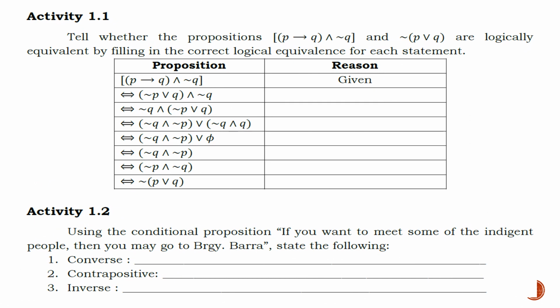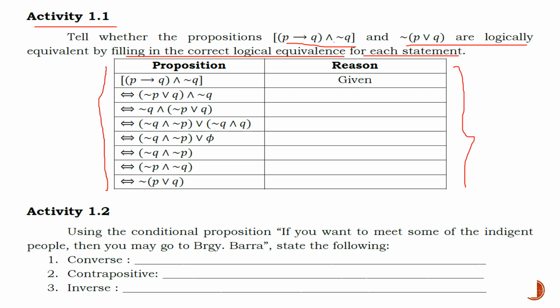For your activity number 1, tell whether the propositions P conditional Q, and negation P disjunction Q are logically equivalent by filling in the correct logical equivalence for each statement. In your first column, there are the given propositions and the reason why.